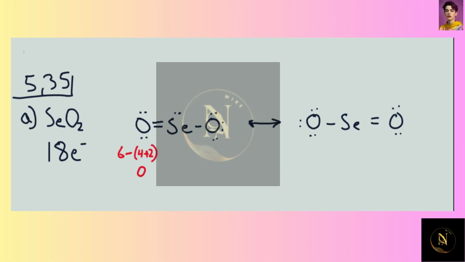For the selenium here, the valence electrons is once again 6. We have 3 bonds and 2 lone pairs, so it's going to be 6 minus 3 minus 2 to give us a formal charge of positive 1.